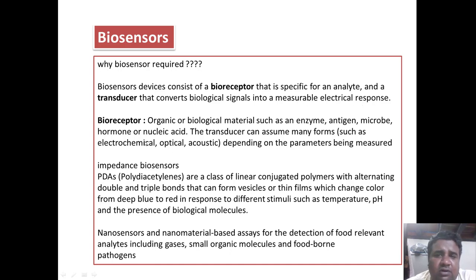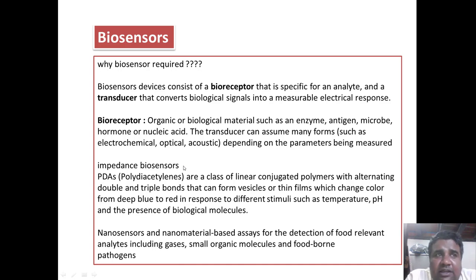Nowadays impedance sensors have been used. You might have studied conductance. Every food has conductance, and the opposite of conductance is impedance, or simply you can say resistance. So when the food is contaminated with microorganisms, they affect the impedance of the food product.